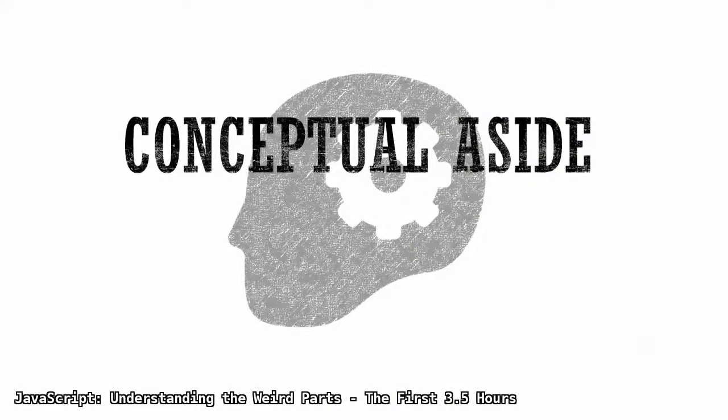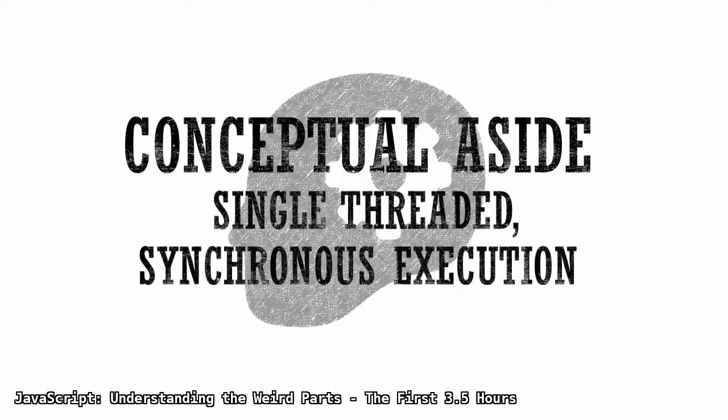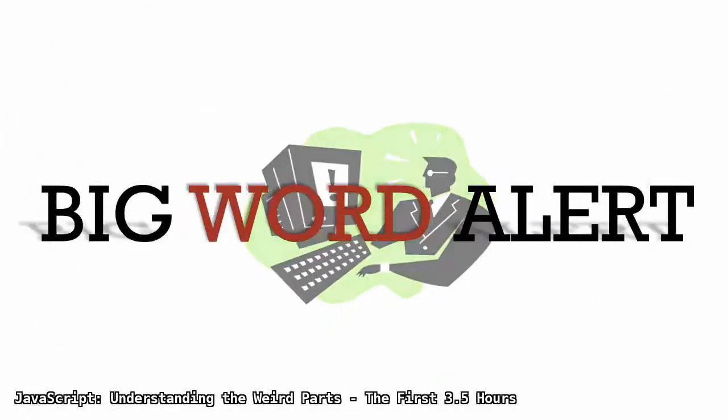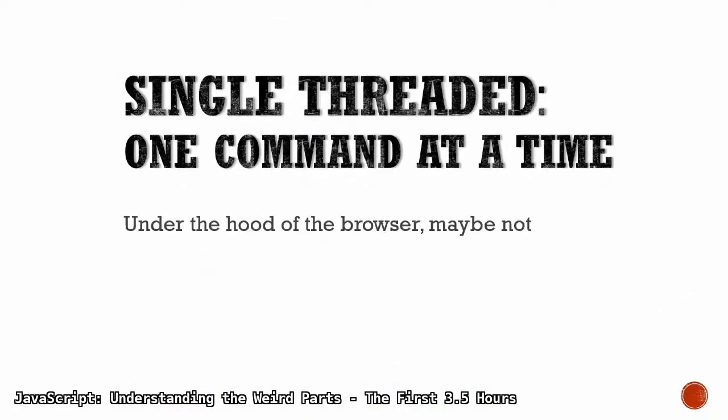It's time for another conceptual aside when it comes to JavaScript. This one is single-threaded synchronous execution. So we have two rather large-looking terms, so guess what? Big word alert. First of all, single-threaded.